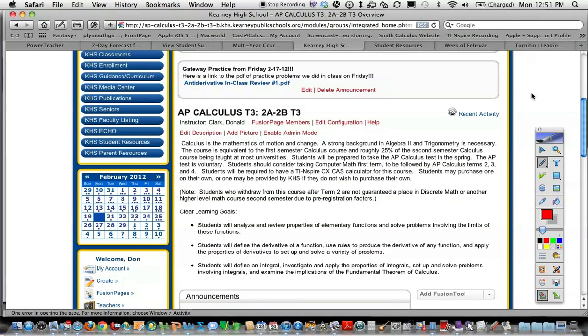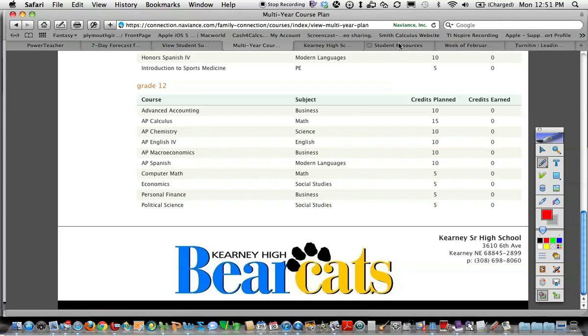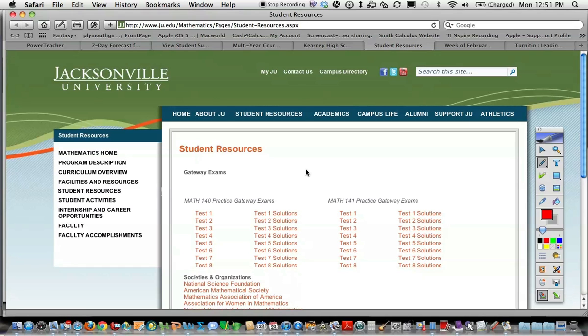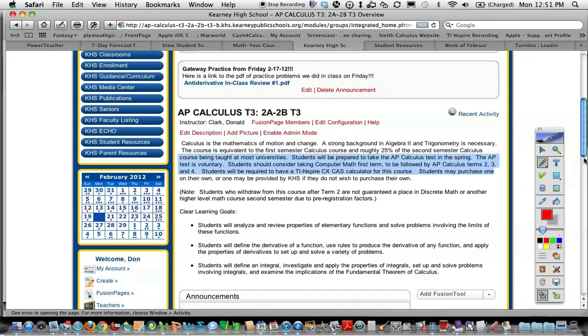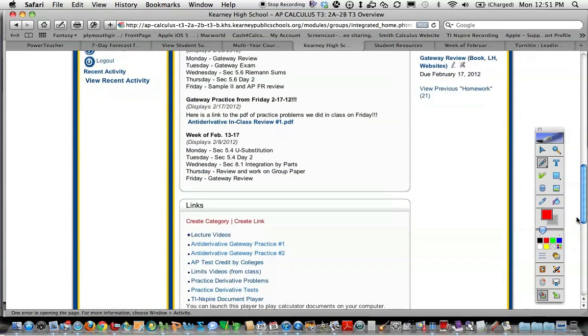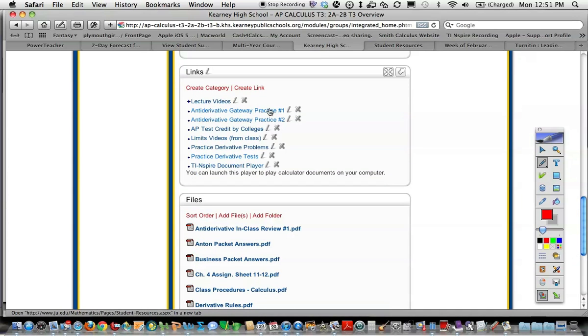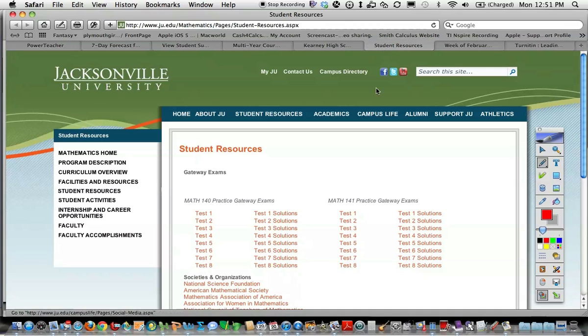I've also got this link, which takes you to that antiderivative practice link. If you go down here a little farther, okay, antiderivative practice number 1, I believe it is, takes you to this right here, and there's your 8 little tests right here. It's got the solutions worked out. I think it's got 8 problems on each one. That would be a good thing to be working on if you need some more practice.